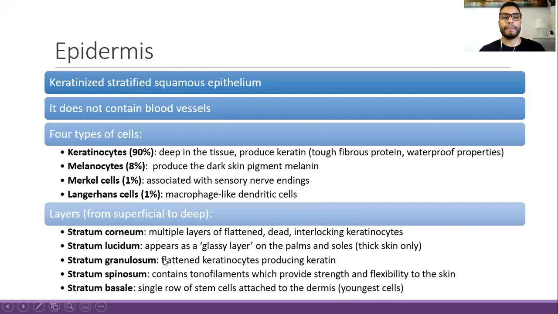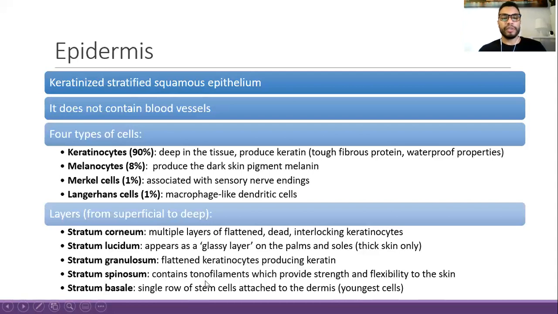This layer is composed of flattened keratinocytes producing keratin. It mainly has those keratinocytes, and it gets gradually thicker, and gradually the cells die in this layer as well, okay?